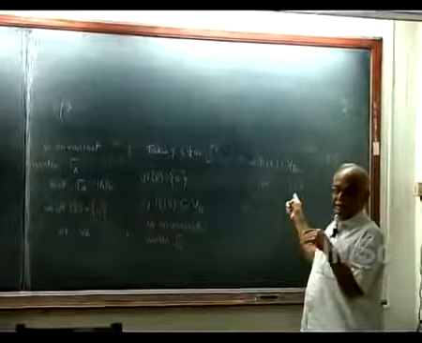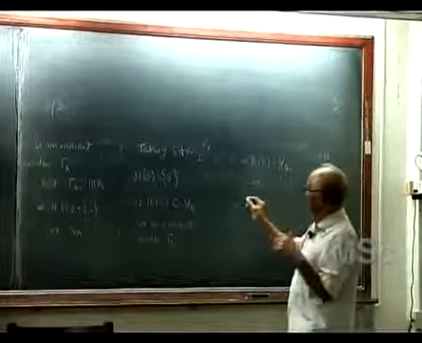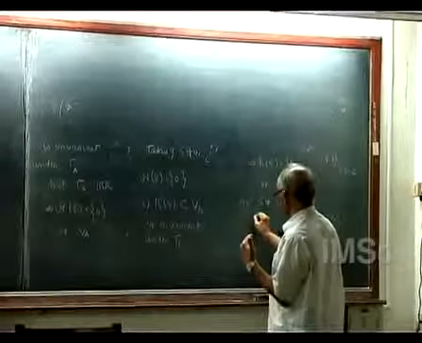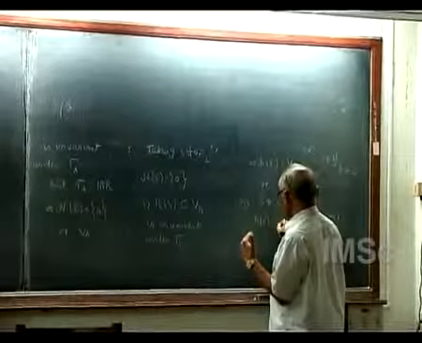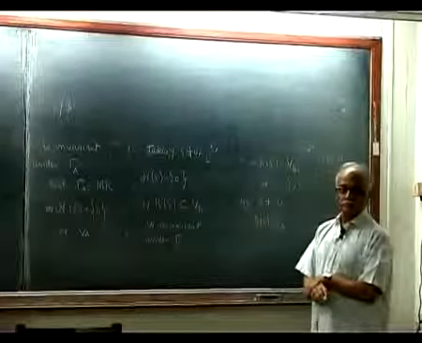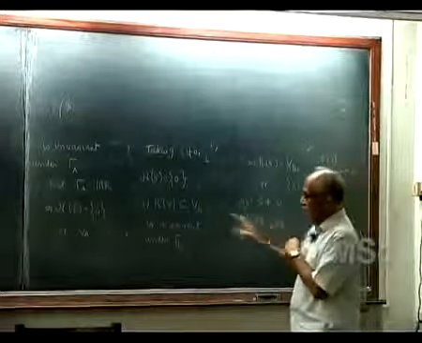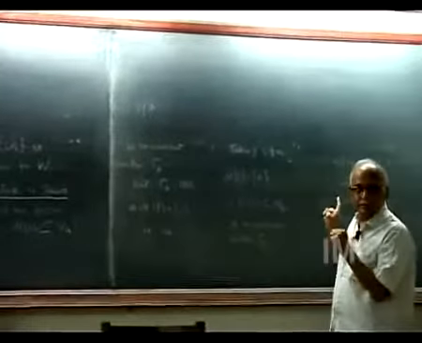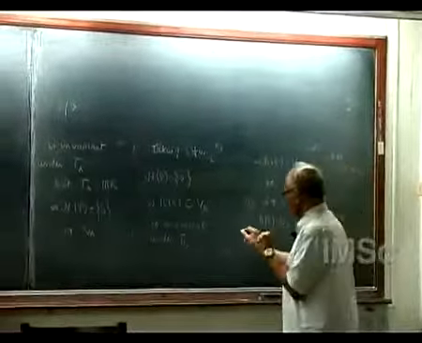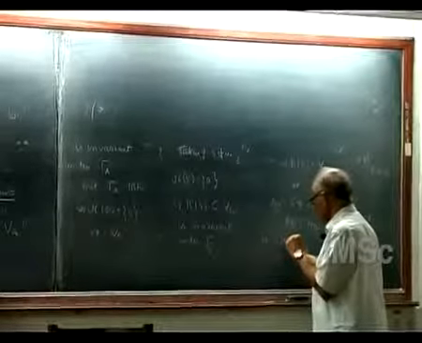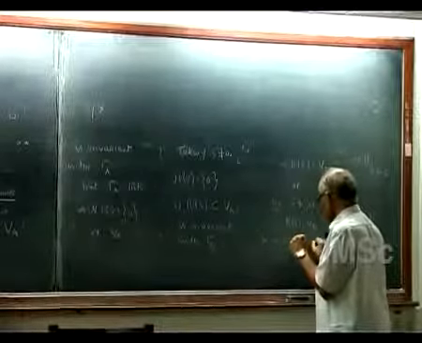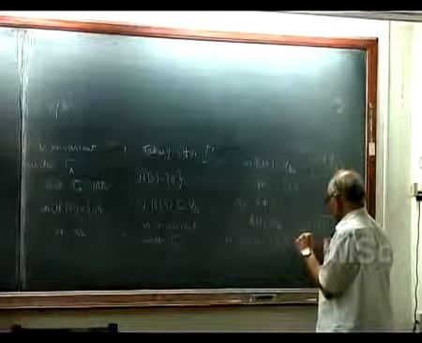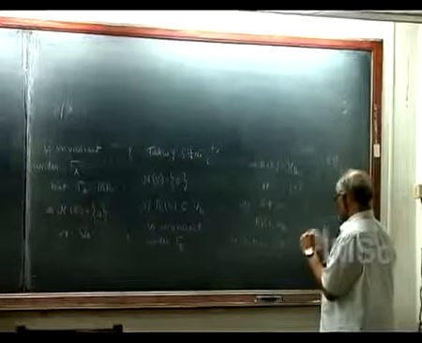But this will mean that S is 0. So, as S is not 0, the range of S is V_B. So, if S is not 0, the null space is 0, and the range is the full space. So, S is invertible. That is it.